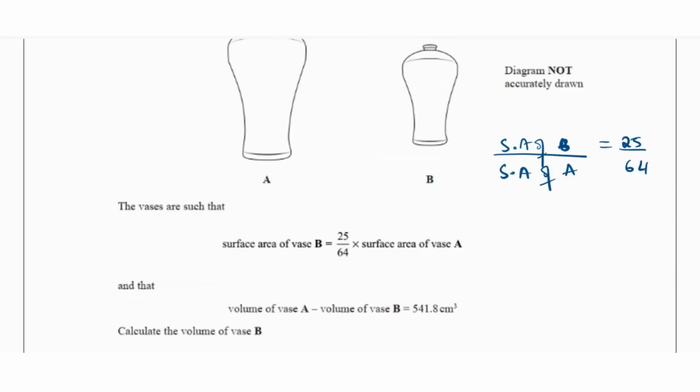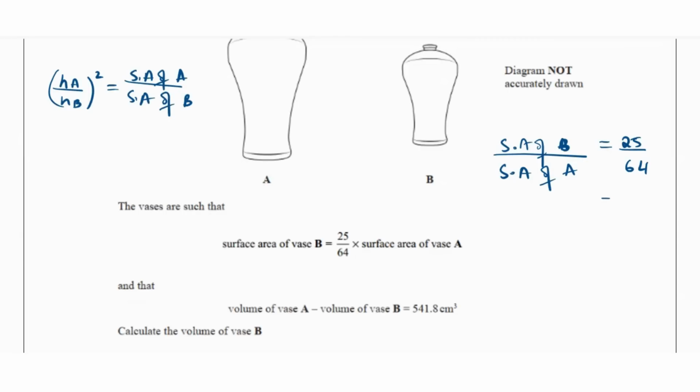If you remember, when you have similar shapes, the square of the ratio of their length is equal to the ratio of the surface area. So basically, HA over HB being squared would equal surface area of A divided by the surface area of B. So isn't it the same thing?